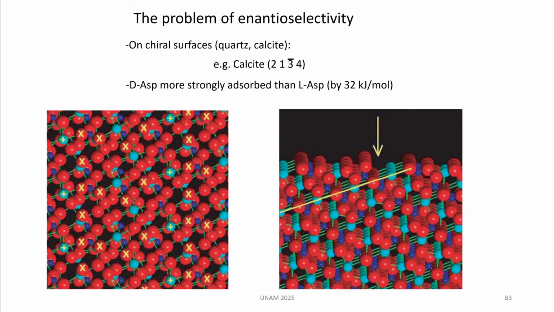He checked on a surface with a given chirality that D-aspartic acid adsorbed more strongly than L-aspartic acid by a value that is not negligible at all. So he put his mixture of the two enantiomers, and after adsorption, the D enantiomer was retained on the surface, and the solution was enriched in the L enantiomer. Okay.